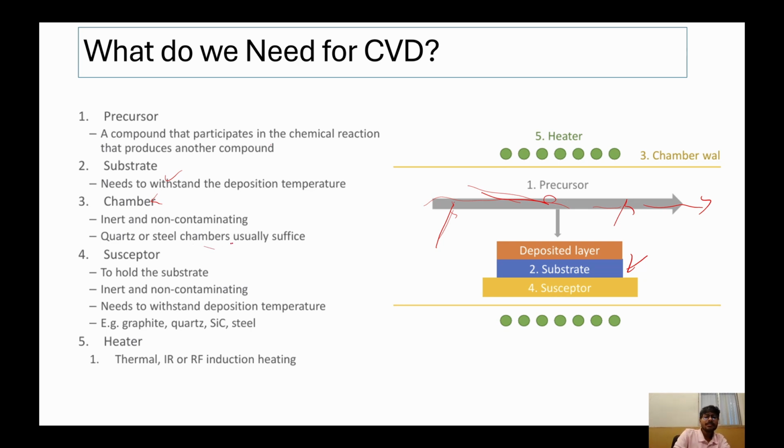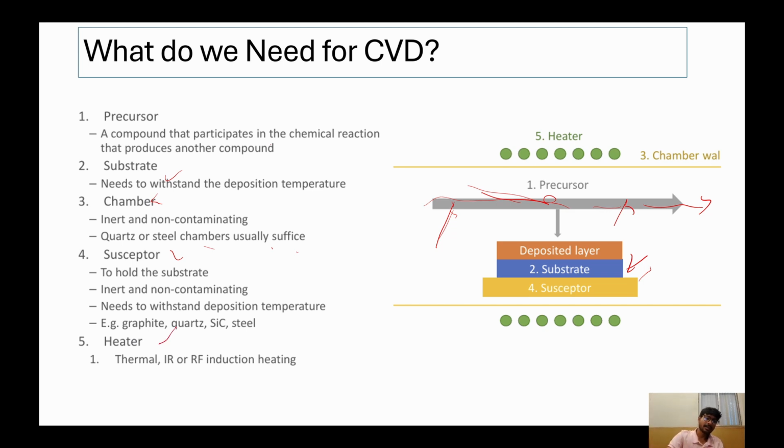Quartz or steel chambers usually suffice because they can withstand higher temperatures. And the susceptor is typically quartz or silicon carbide, so that it can withstand higher temperatures to hold the substrate. That should not contaminate the wafer, otherwise you would not be able to use it for electronic purposes.